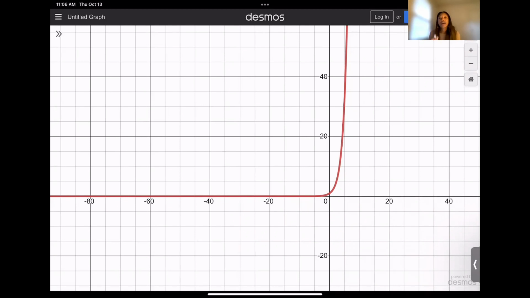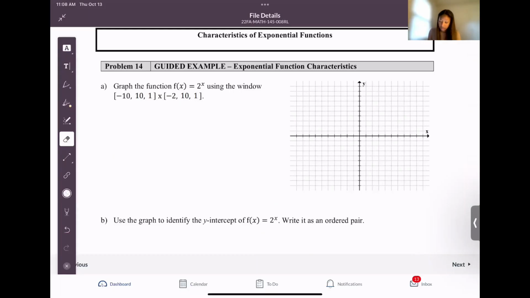This is called a horizontal asymptote. It's a horizontal line that our graph approaches but doesn't touch. In this case, the x-axis, or the line y equals 0, is a horizontal asymptote. Summarizing the stuff here in 14, our graph looks like this.